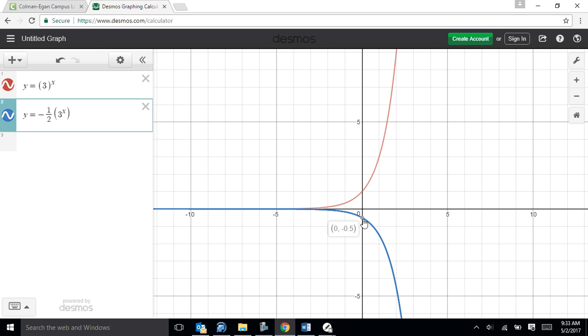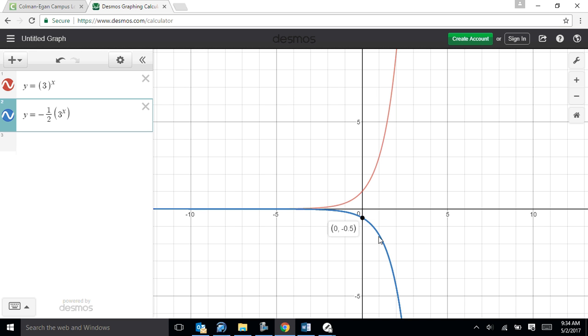So we have our y-coordinate at 0, negative 1/2. And then for this one, we have 1, 3. So what do we think the corresponding point on the blue line will be? All right, good. So we'll go to negative 1. Now it's at 1, negative 1.5. So all our points are going to be cut in half.